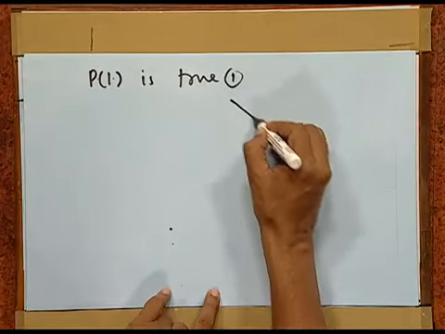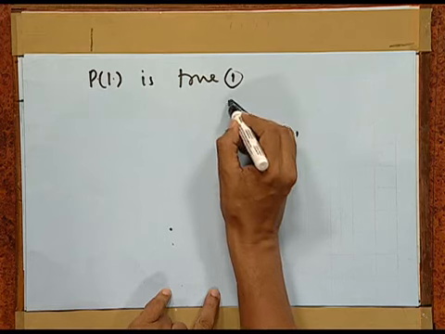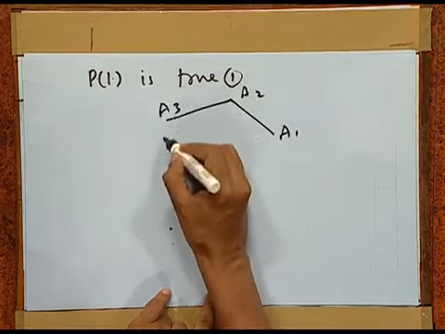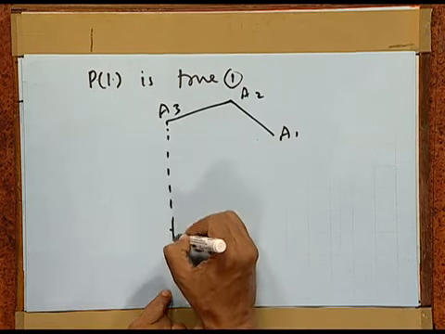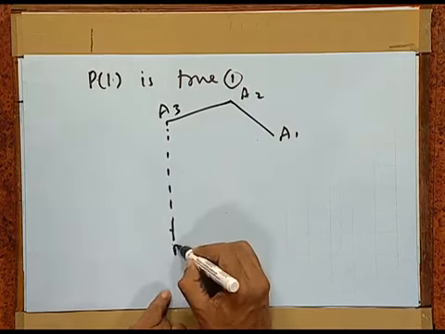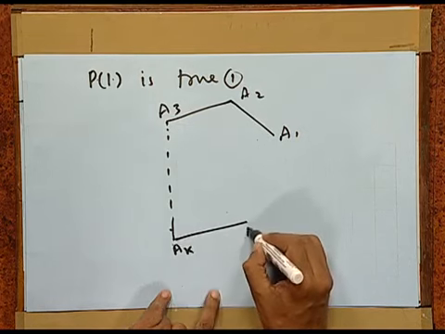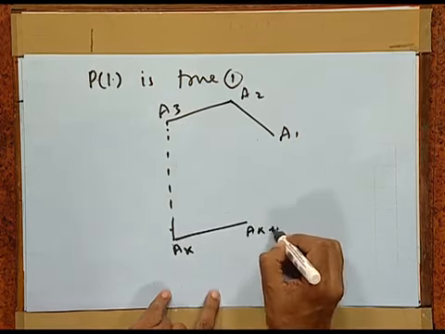For this, we draw a polygon A1, A2, A3 and so on up to Ak, then Ak plus 1.